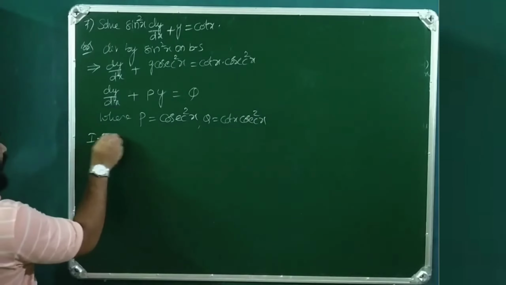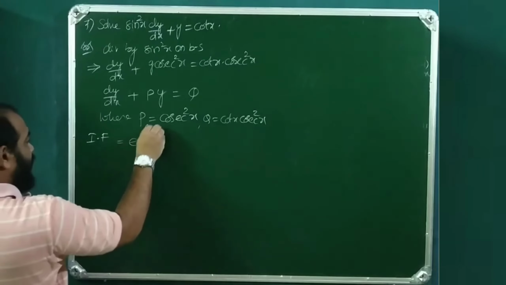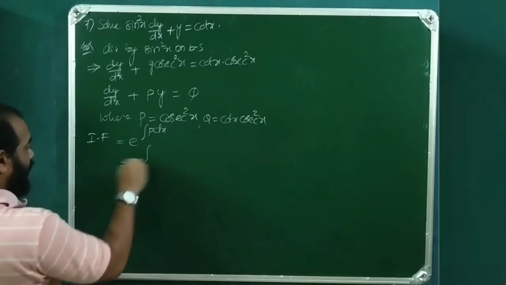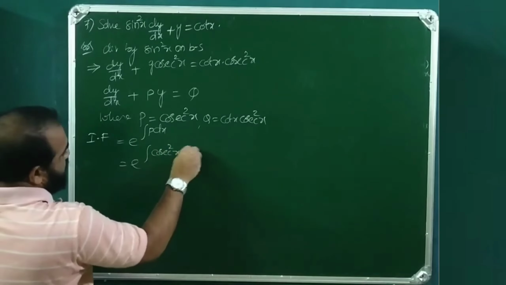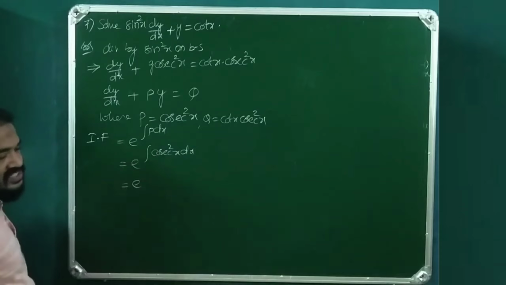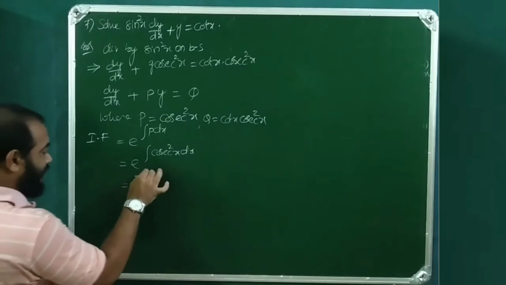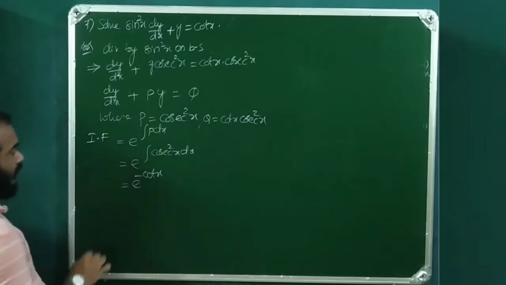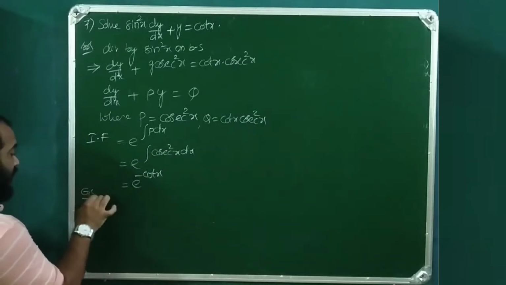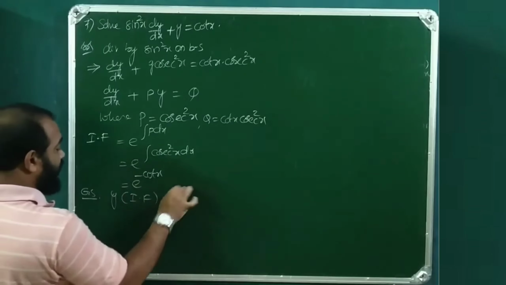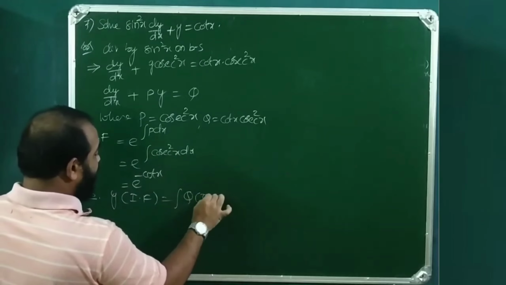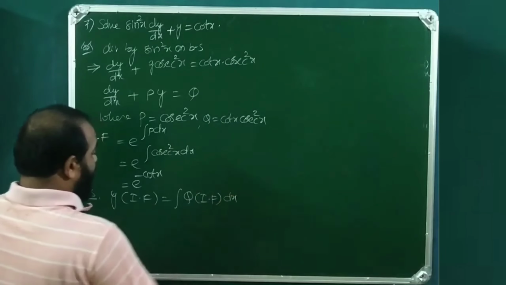The integral factor is equal to e power integral p dx, that is, the integral of cosecant square x dx. The integral of cosecant square x dx is minus cot x. Now the general solution is y into integral factor is equal to integral q into integral factor into dx.